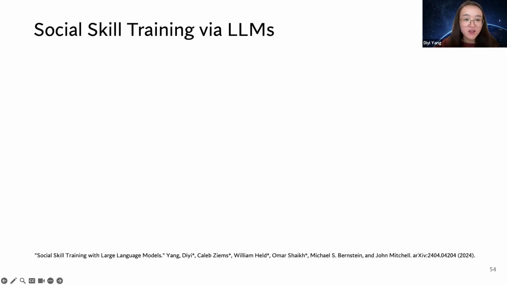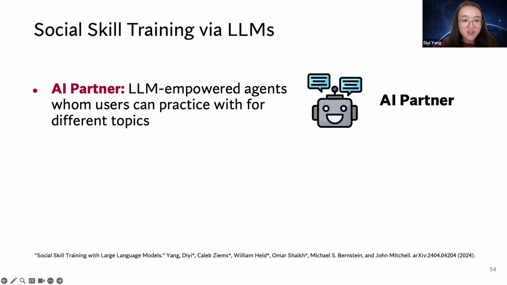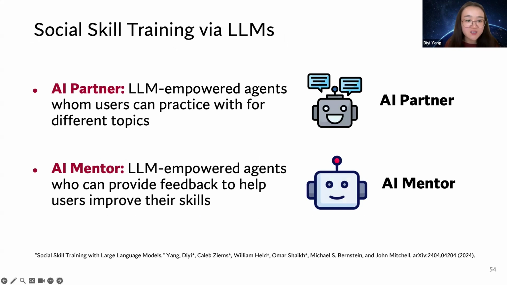This is a framework that we introduced this year called AI Partner and AI Mentor. The key idea here is that a learner can learn with an AI partner and be coached by an AI mentor. An AI partner is a large language model empowered agent who users can practice with for different topics.